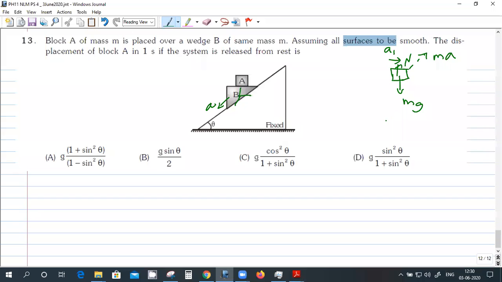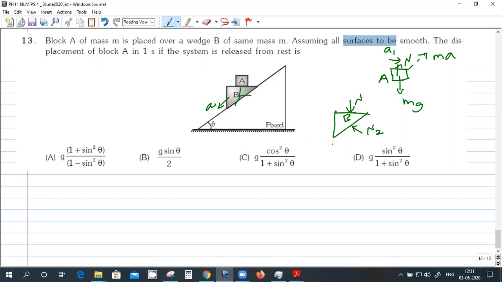So for block A, these are the forces: the normal reaction and the weight mg. I'm assuming the block is of mass m; both the masses are m. Then you have to find this normal reaction from the free body diagram of block B. This is block B. This is a normal reaction downwards, and there's one more normal reaction here.